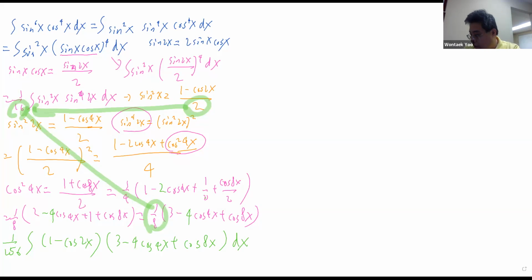All right. Now what we have to do is FOIL out everything. If you FOIL out everything, what we have is 1 over 256 integral of 3 minus 3 times cosine 2x, and then we have not plus, minus 4 times cosine 4x, and then minus minus gives us plus 4 times cosine of 4x cosine of 2x.